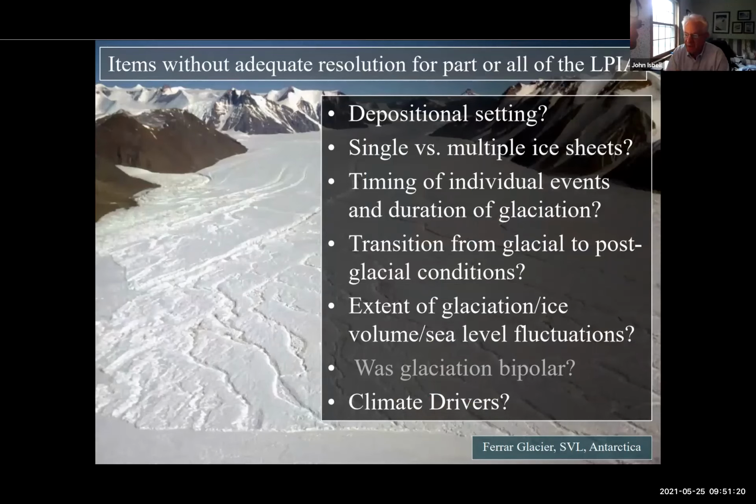To better understand glaciation, there are a number of items that still need to be more fully resolved. These questions revolve around identifying depositional facies and environments, as many Gondwana deposits have been misidentified.